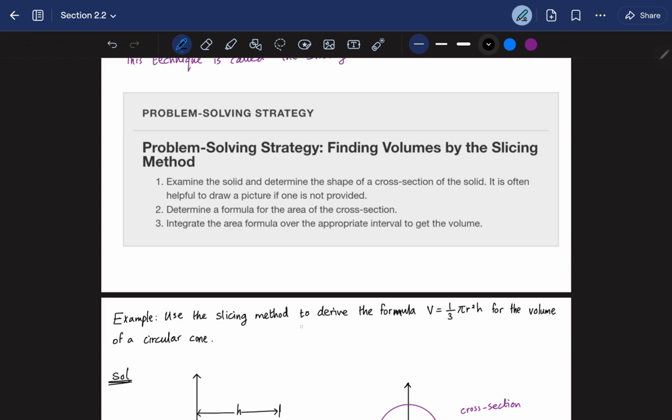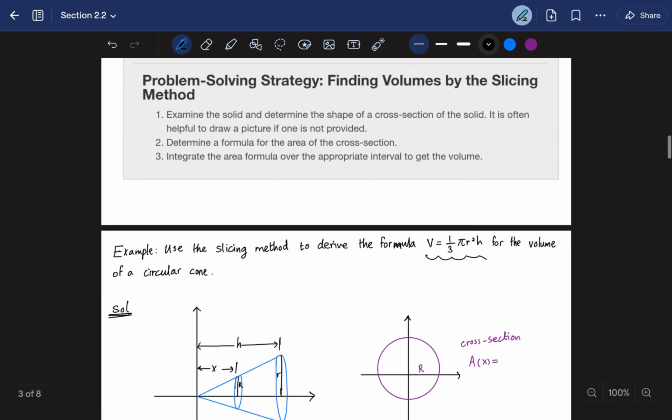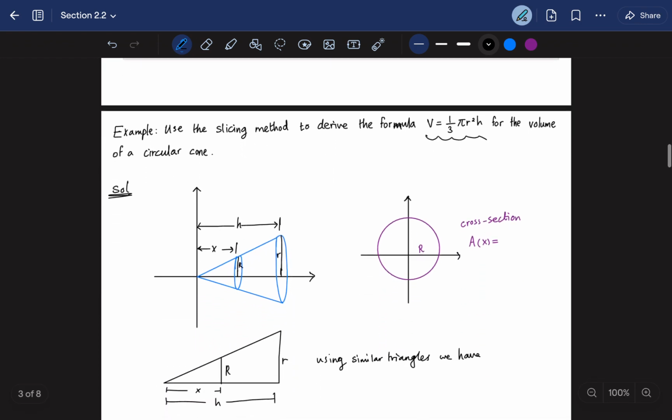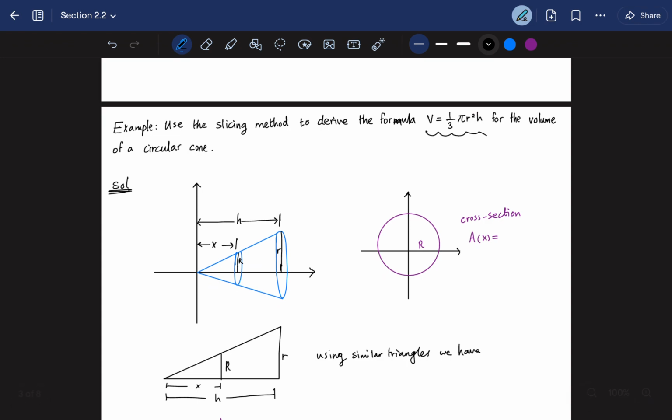We want to use the slicing method to derive the formula of the volume of a circular cone. So the first step, always, you need to graph. If you don't have a graph, it's hard to understand exactly what we want to do. So here, if I graph a cone with a circular base, I'm going to get this, right?